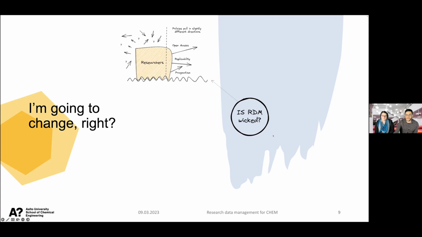Okay, so we have many different voices calling for making research open or trying to replicate all the research. These are all good movements, but at the same time, they don't push exactly in the same direction. And this might not be too optimal when we face all of these introductions to data management.